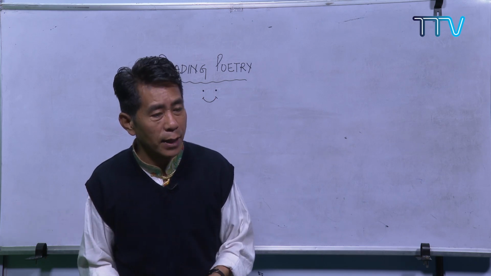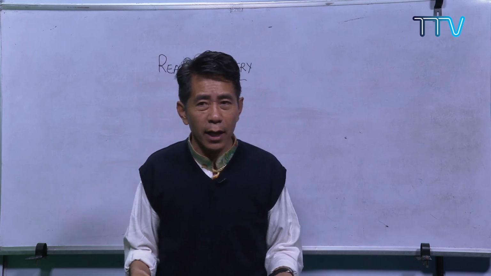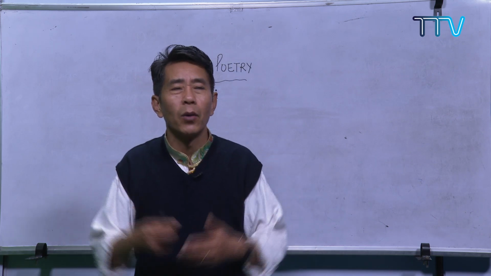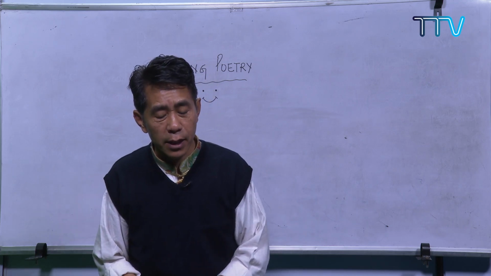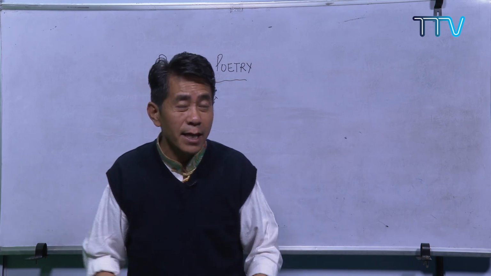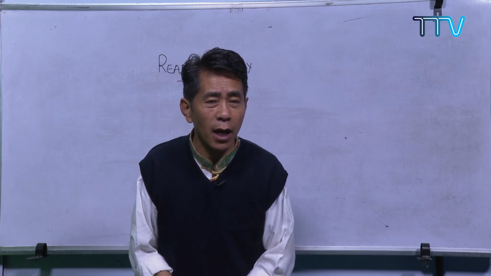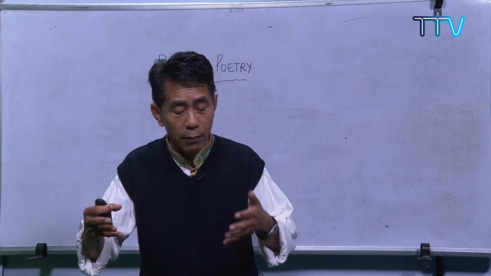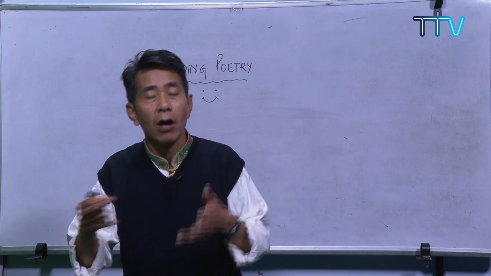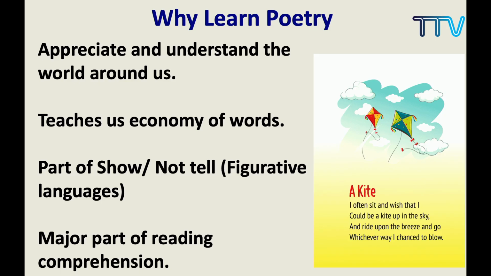For example, if one person is very important to you, has done so many good things, and you are fully indebted and grateful to that person, instead of writing so many things, you write a poem, where we learn economy of words. "He is my oxygen."